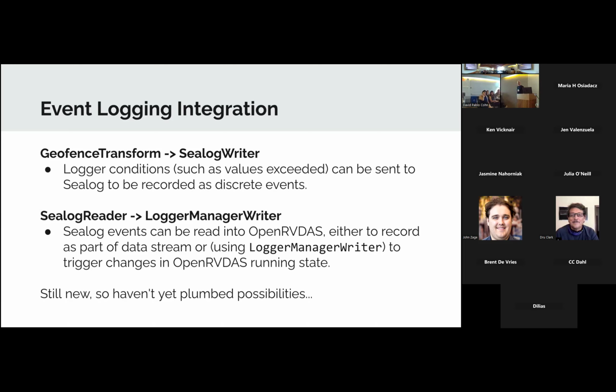So with the geofence transform, you can have a C-log writer log the event: we left the EEZ at this time, at this location. Similarly, you can have some external event trigger a change in OpenRVDAS. We just got those integrated 2 months ago, and we've just begun to explore the crazy things you might be able to do with that.